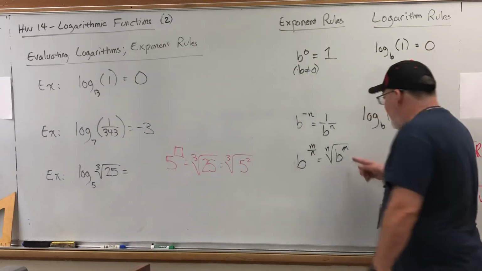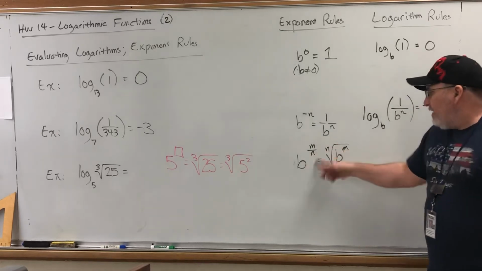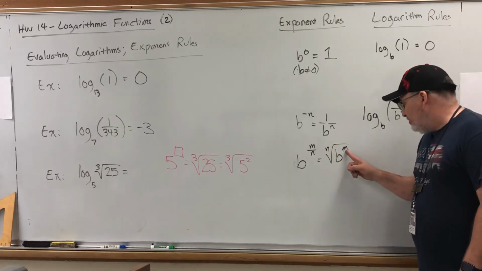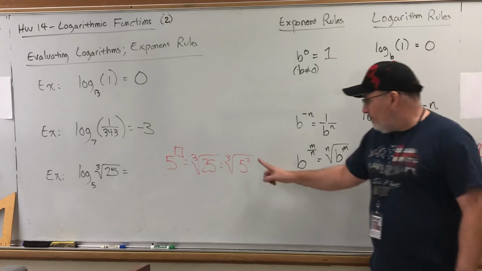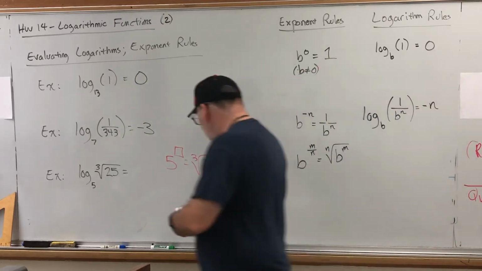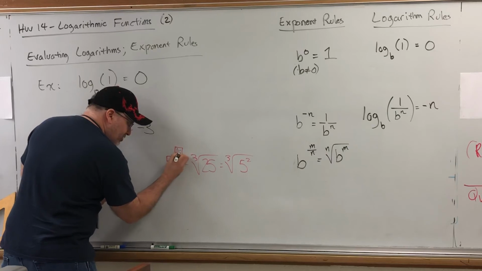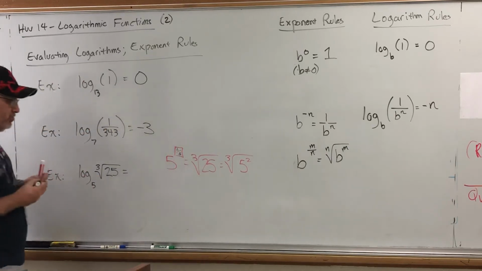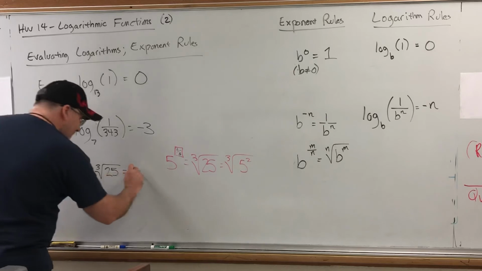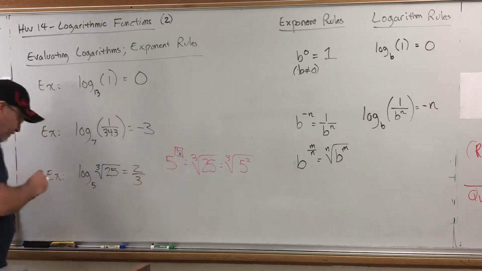This rule says if you have a power inside of a radical, then you can write a fraction power by putting this number on top of that one, by putting 2 on top of 3. So the answer to what power turns 5 into the cube root of 25 is 2/3, which means that the answer to this logarithm is 2/3.